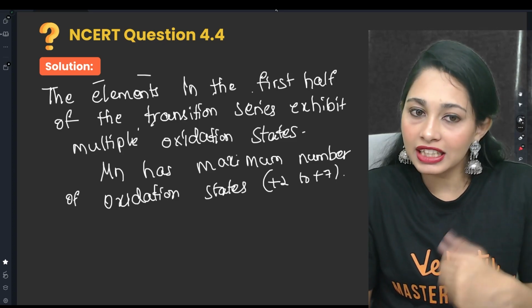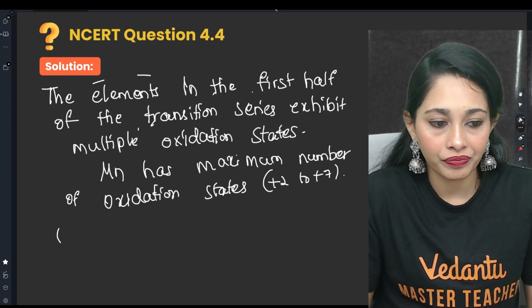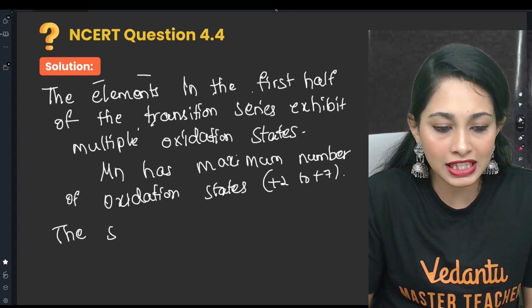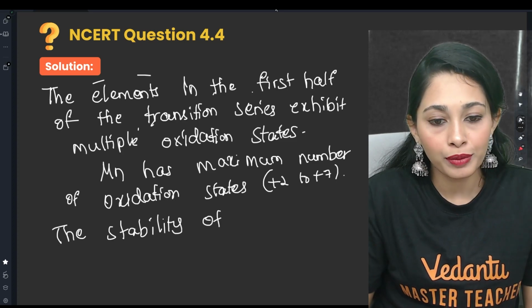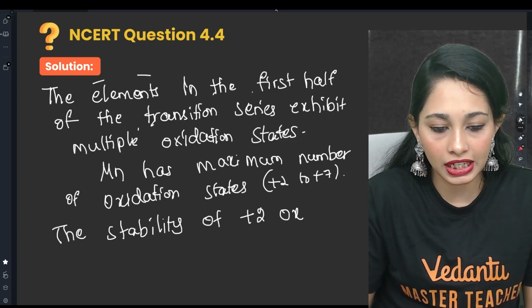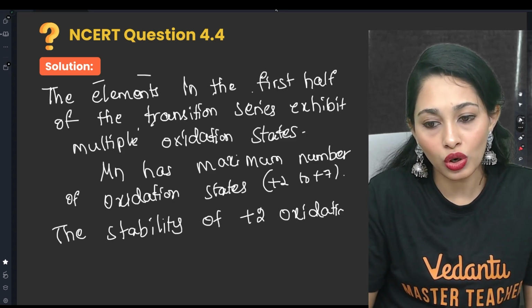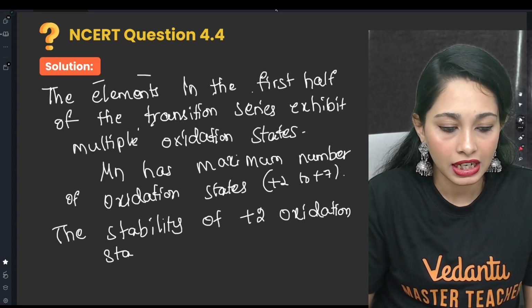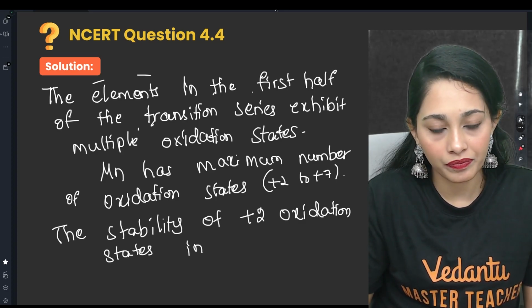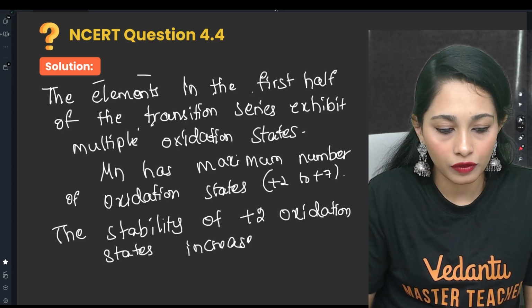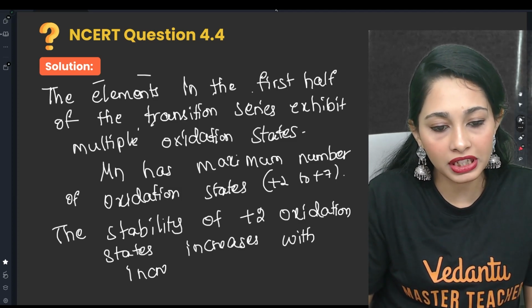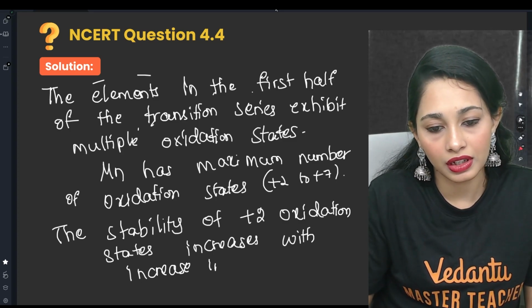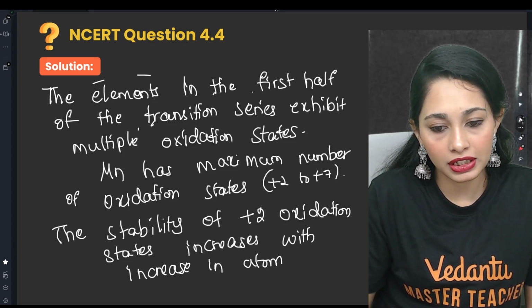So let's take the example of the same. The stability of +2 oxidation state increases with increase in the atomic number.